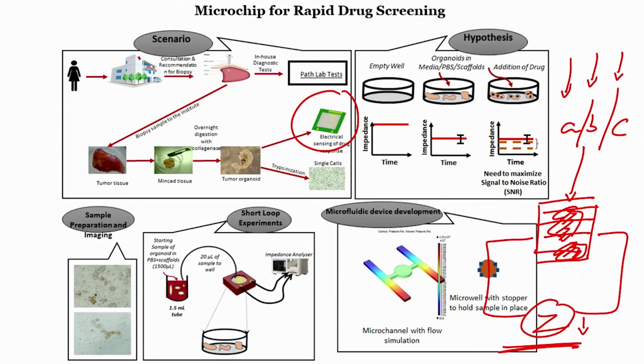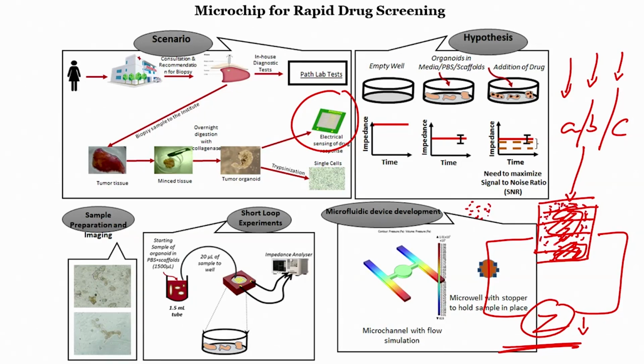Now, the difficulty with this is that the drug is in continuous contact with the tumor. This is a static platform. Let us say the drug is shown by dotted points like this in this particular device.